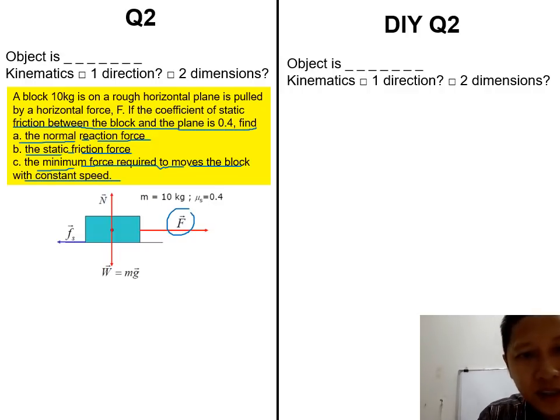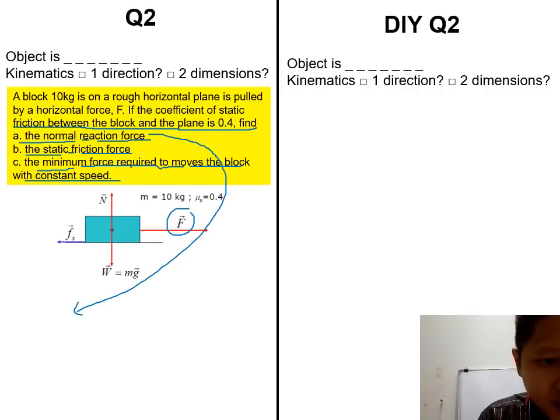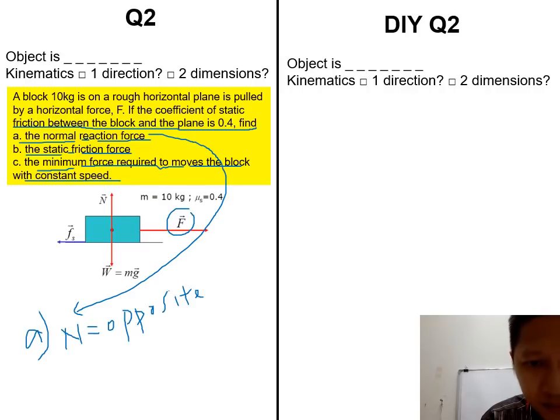A, we want to find the normal reaction force. The normal reaction force, for this case, we can say is directly opposite to the gravitational force. So it equals to m times g.